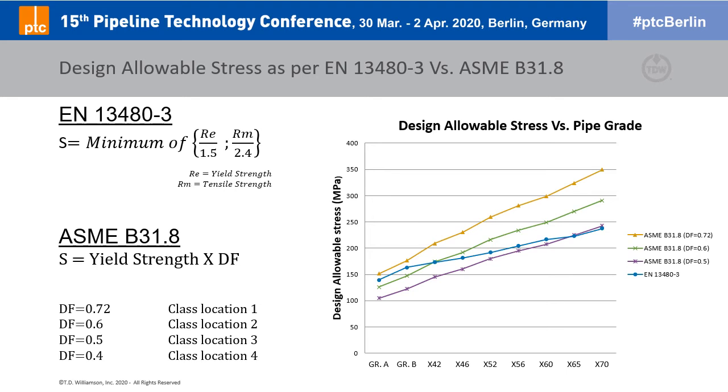In short, using higher yield strength material with EN 13480 will not help so much to reduce the fitting wall thicknesses as much as it does with ASME B31.8 and the design factor approach.